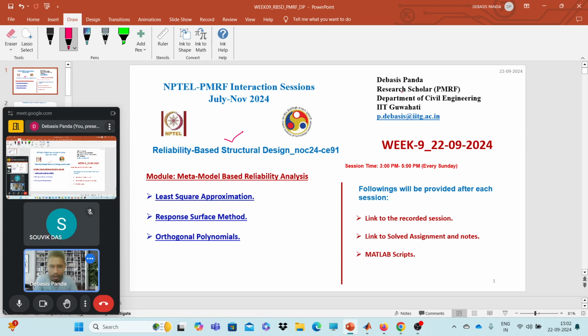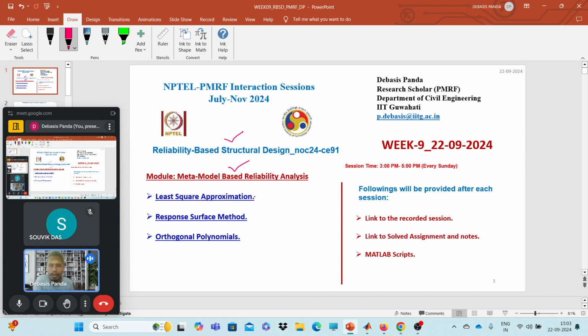Today we will go through meta model based reliability analysis, where first we will spend some time on least square approximation and recap the concept.